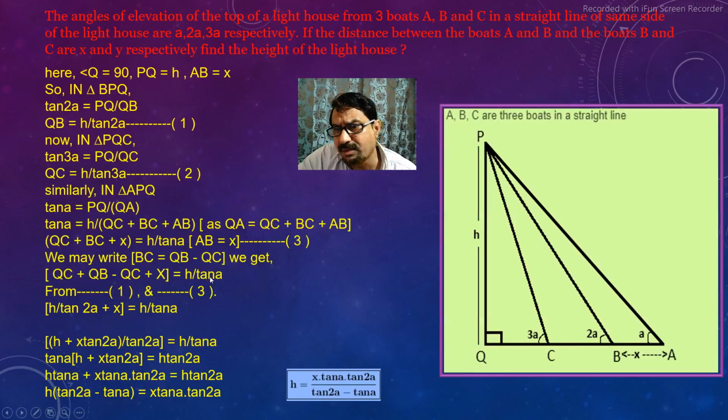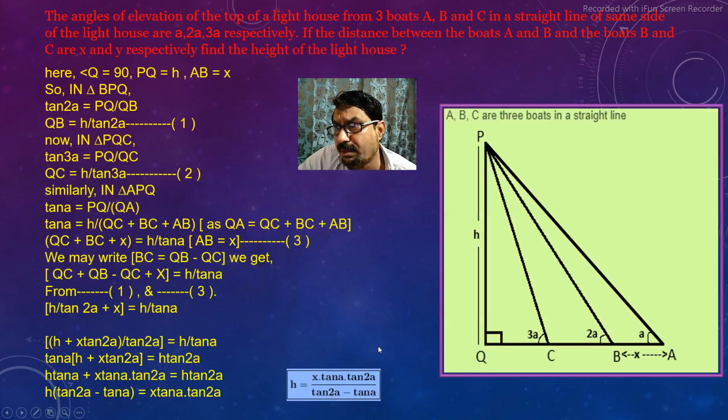Now substituting the first and second equations, you get h by tan 2A plus x, h by tan A. As you proceed, you take out the common factor, and the final result is that the height of the lighthouse is x times tan A times tan 2A by tan 2A minus tan A.